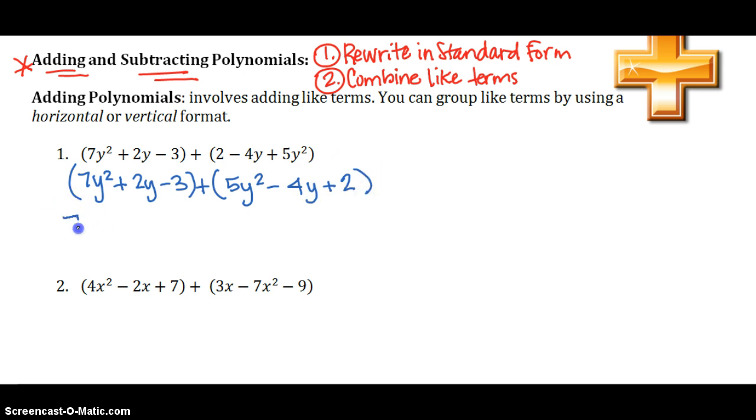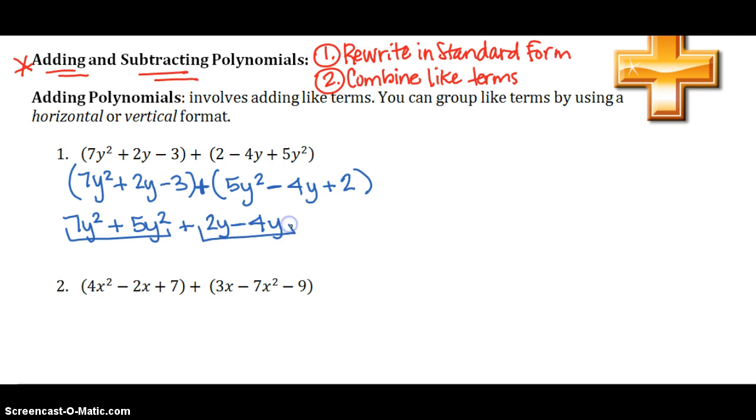Now if I rewrite with my like terms together, I'm adding this polynomial to this polynomial. So 7y squared is like 5y squared. Then we have 2y, and it's a negative 4y, the sign stays with the term.